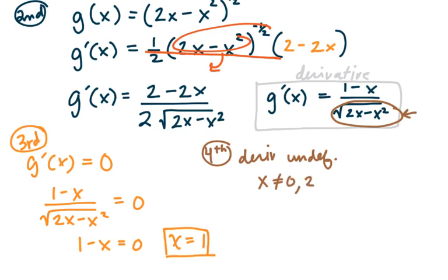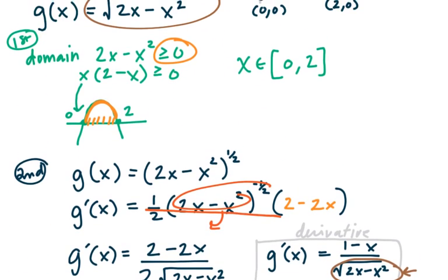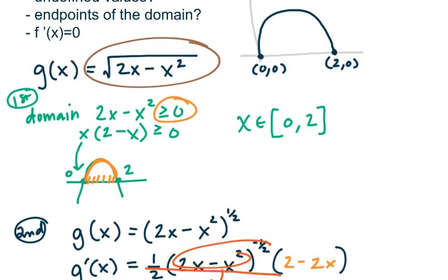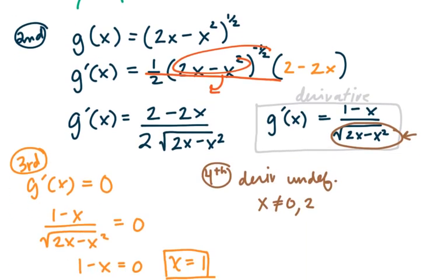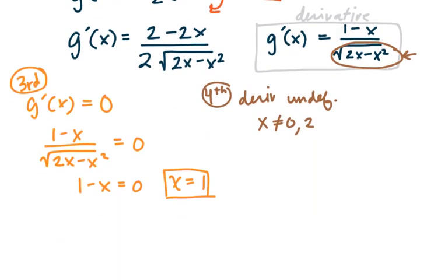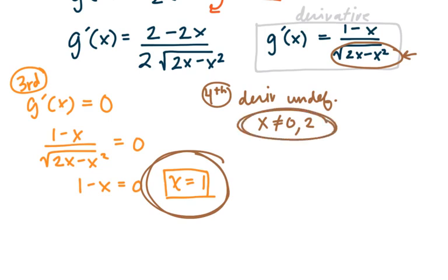All right, so we've done a lot of work. We have to consider all of these things. In this problem, there was a good bit of overlap because we got 0 and 2 twice, and they meant different things. But essentially, we found 3 numbers: the endpoints of my domain, 0 and 2, where the derivative was equal to 0, x equals 1, and where the derivative was undefined.